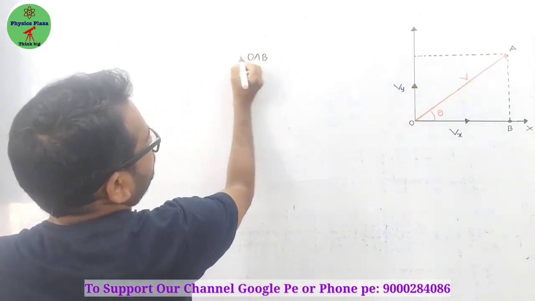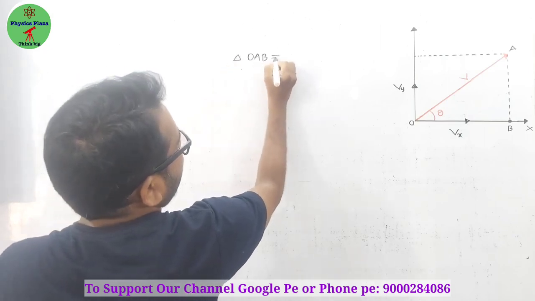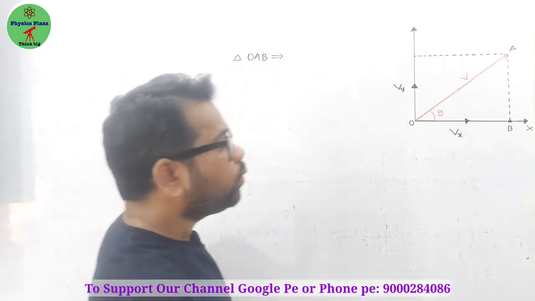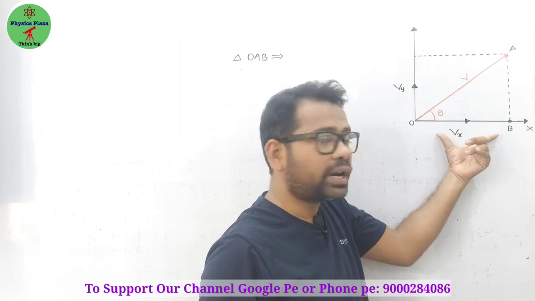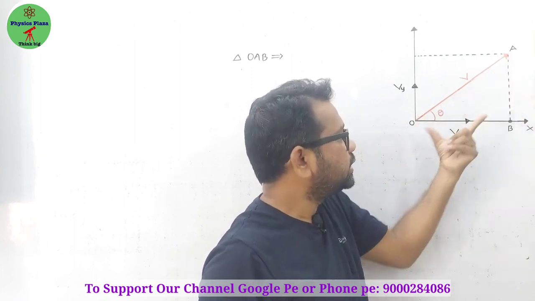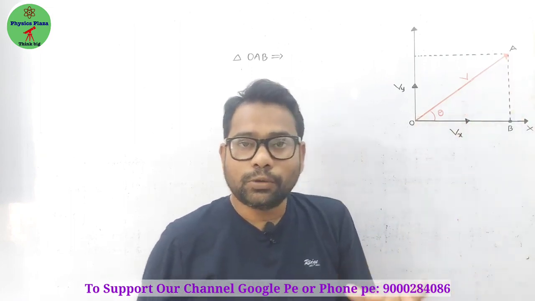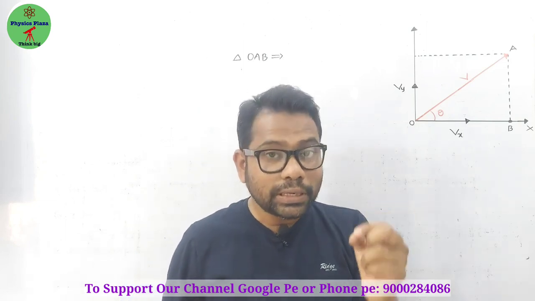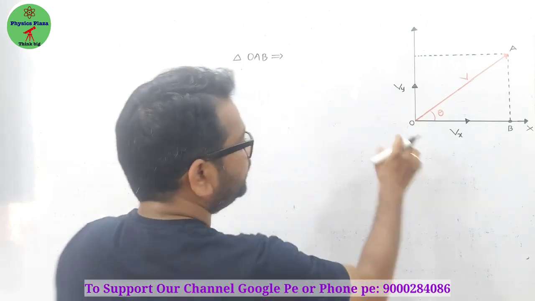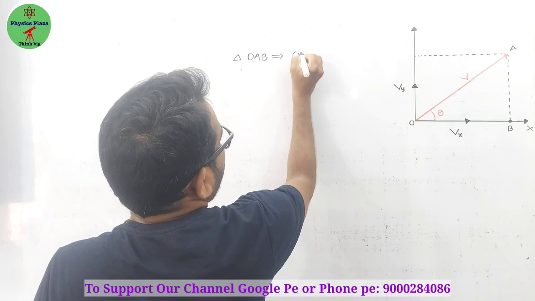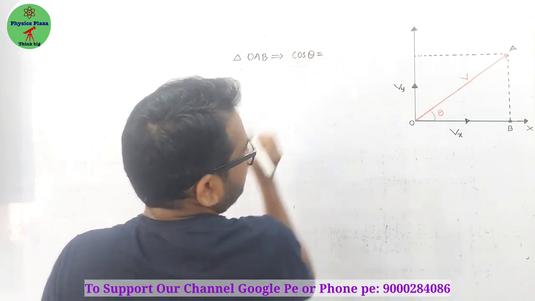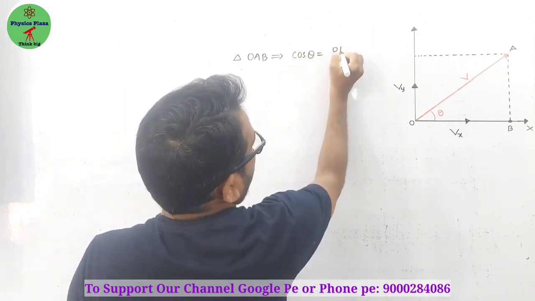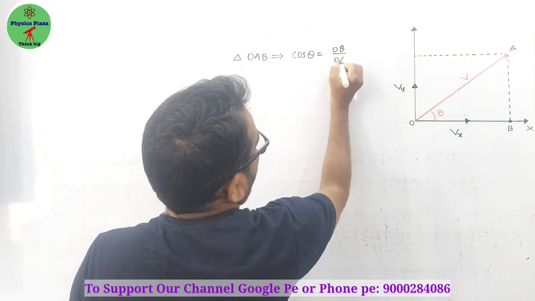So from triangle OAB, see what we need to calculate. We need to calculate this horizontal component, right? In this right angle triangle, this is the adjacent side. So in order to find the adjacent side, children, we will define cos theta. From this triangle, cos theta is equal to the adjacent side OB by OA.